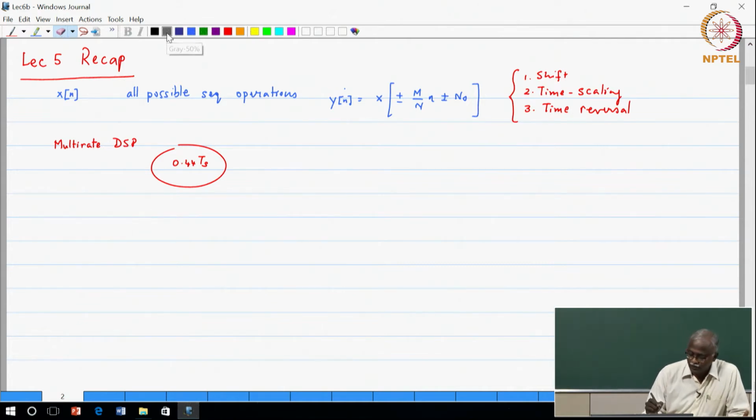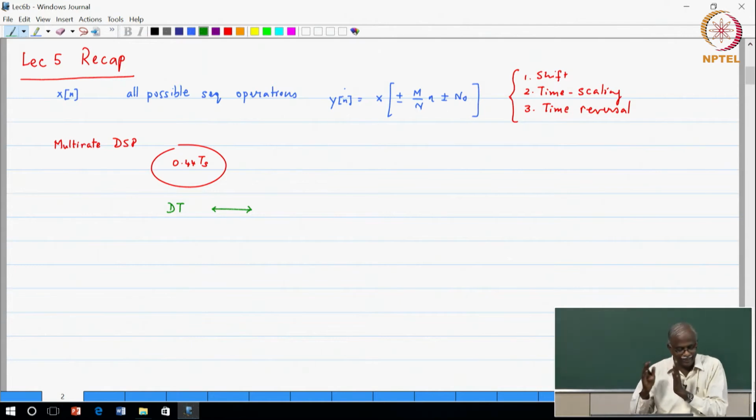Then we also established a relationship between discrete time and continuous time, and let me just rewrite that in the following way. We are constantly going to be working in the discrete time domain, but keeping in mind that there is an underlying continuous time framework. There is a linkage that we always want to keep.